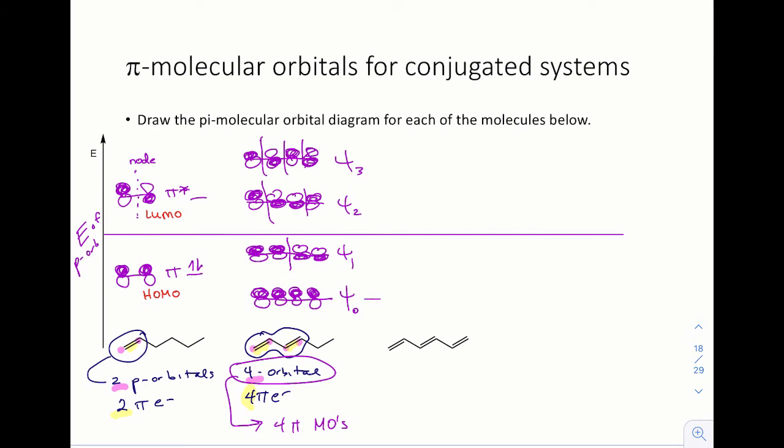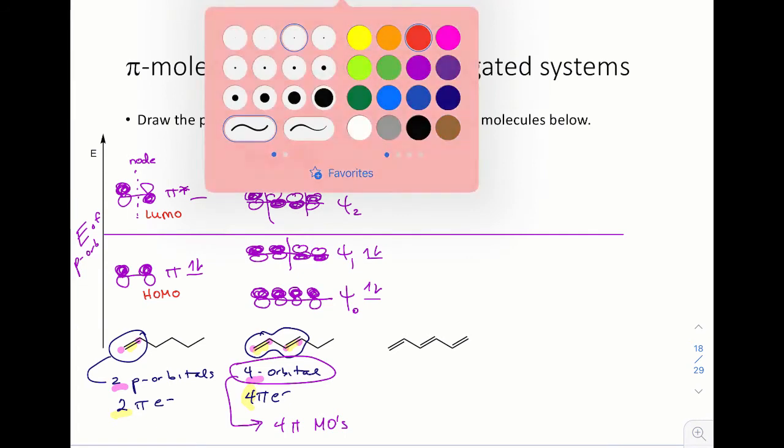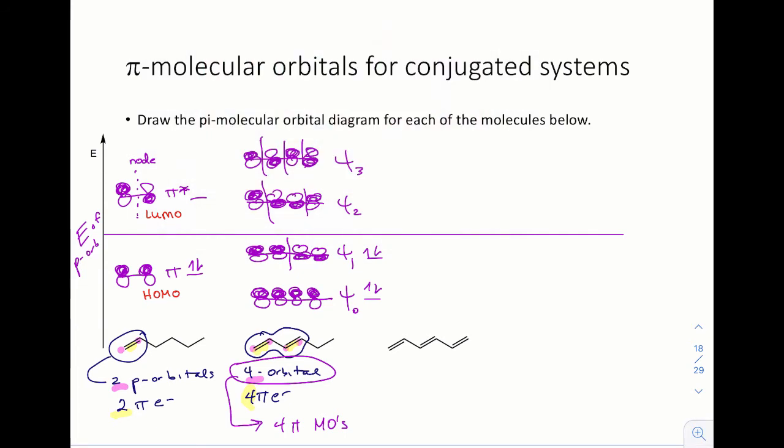The 4 pi electrons in this system go into the 2 bonding orbitals. Bonding orbitals are lower energy than the starting atomic orbitals. The antibonding orbitals are empty. Antibonding orbitals are higher energy than the starting p atomic orbitals.